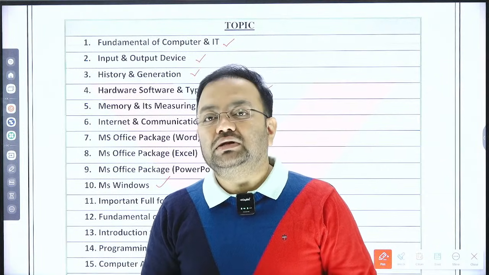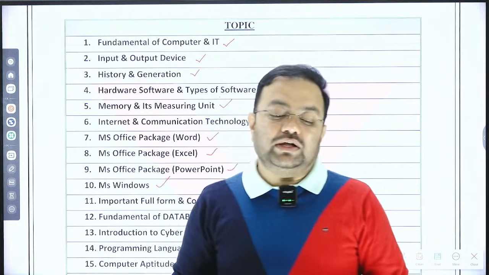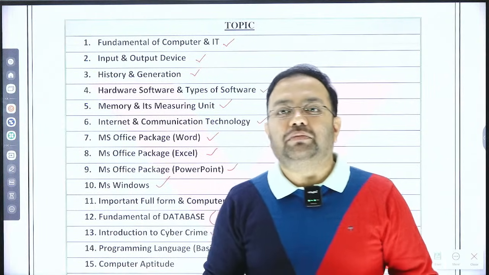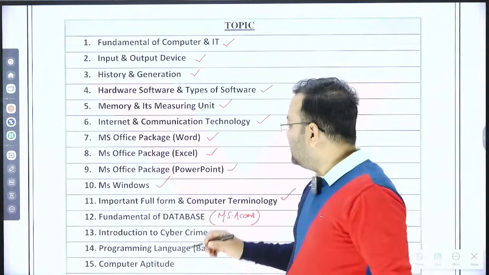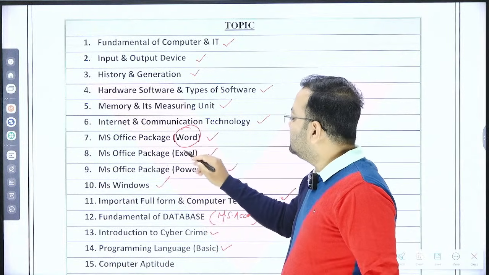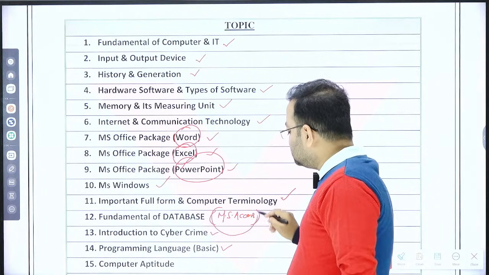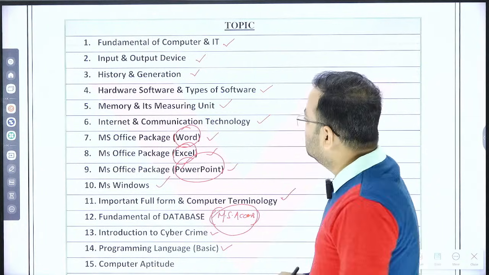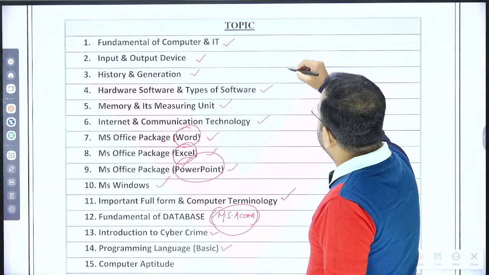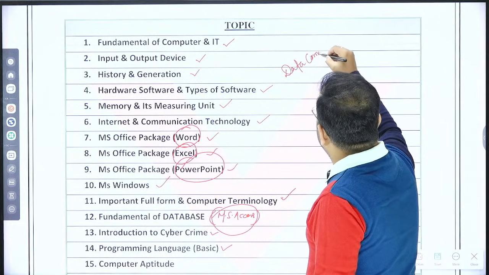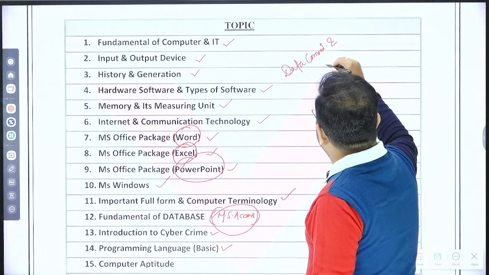And chapter number 7 is internet and communication technology. Other important chapters are Microsoft Office, MS Word, MS Excel, MS PowerPoint, MS Access, and another chapter is data communication and network. These questions are also coming.